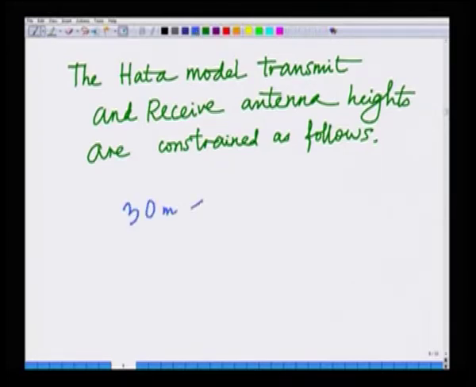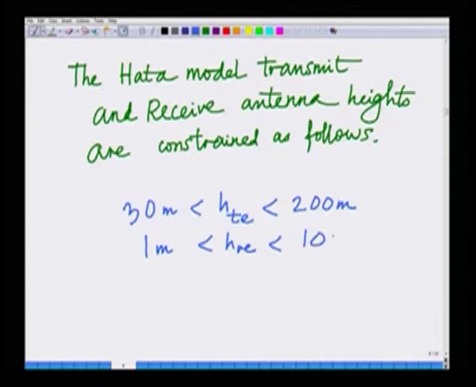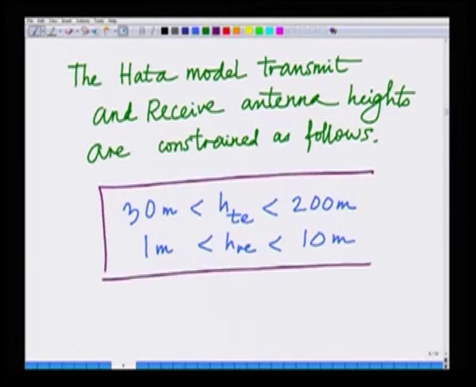We have 30 meters less than HTE less than 200 meters and 1 meter less than HRE less than 10 meters. So, the transmit antenna height is constrained to lie between 30 and 200 meters, and the receive antenna height is constrained to lie between 1 and 10 meters. These are the ranges of the different heights in the Hata model.